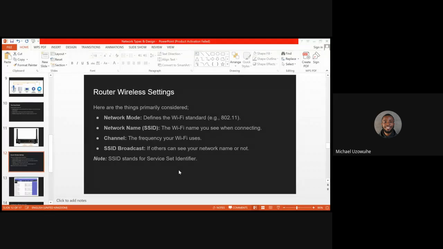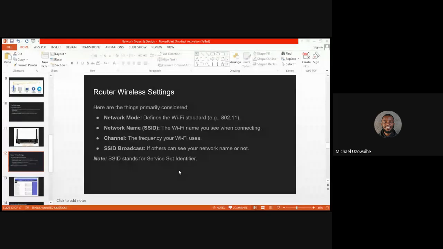So assuming somebody produced a device and those devices are using the standard 802.11A, that tells you that you will set your network mode to 11A, since most of the devices connecting to your network are using the standard 11A. The router gives you the ability to change the mode depending on the devices that will be connecting to your router.